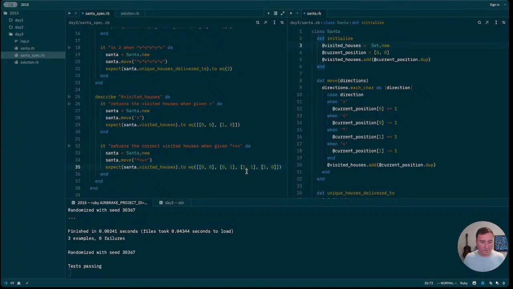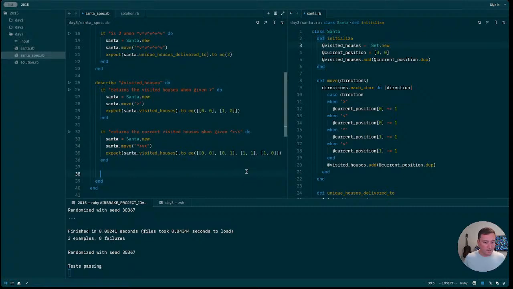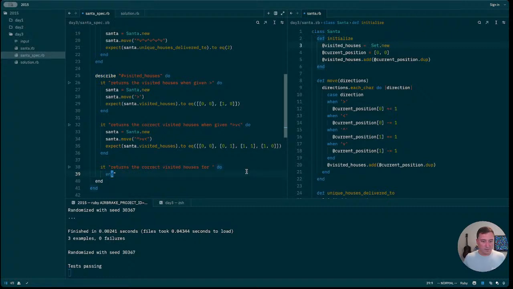Okay, so then it returns the correct visited houses for, and let's copy and paste this one.